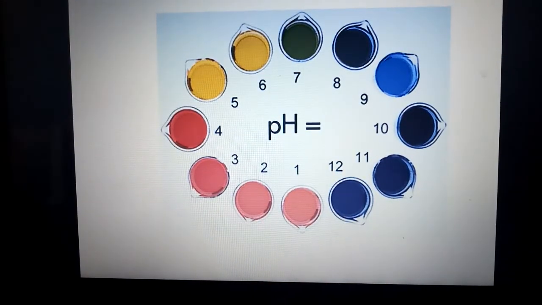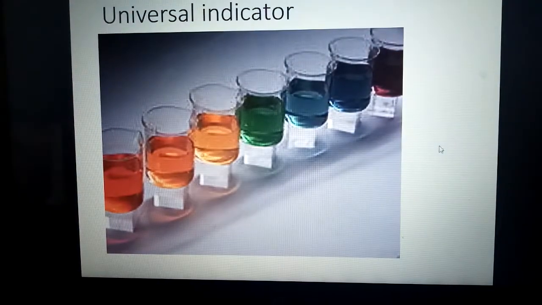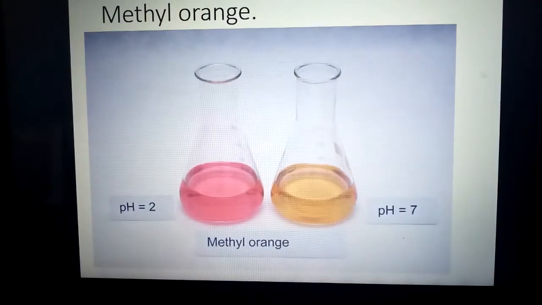Do you still remember the colors of pH indicator? This is the universal indicator we carry out in lab. Methyl orange, sorry, not methyl blue, methyl orange. For methyl orange, pH 2 acid turns red, but for neutral, pH 7 is yellow in color.